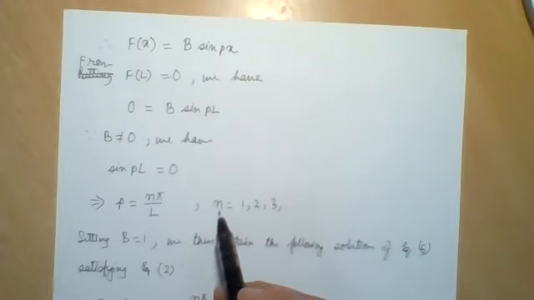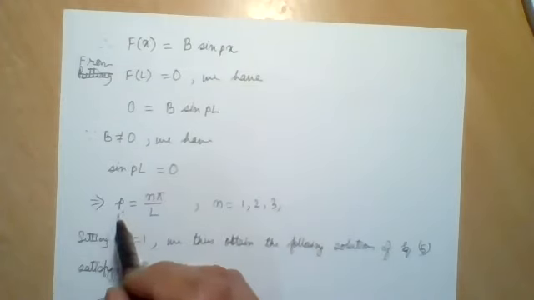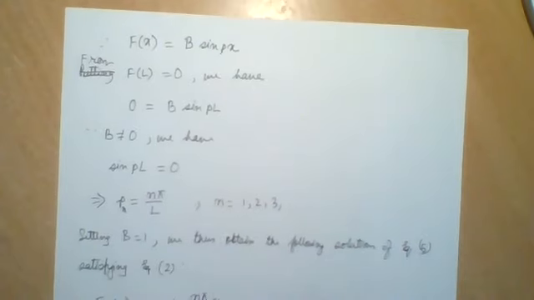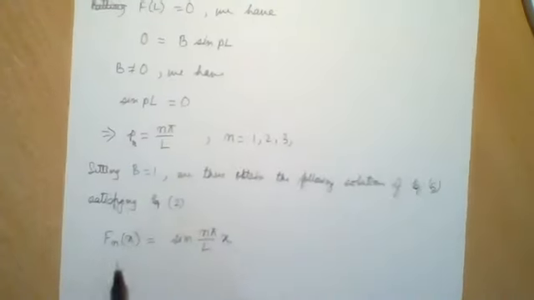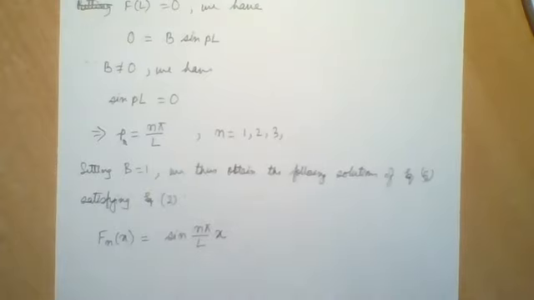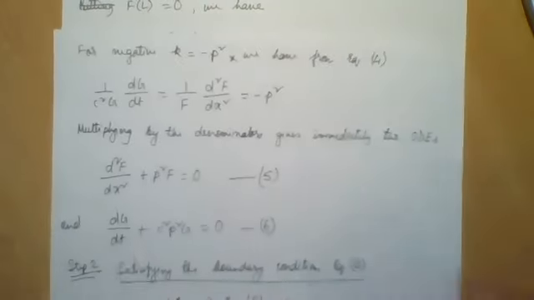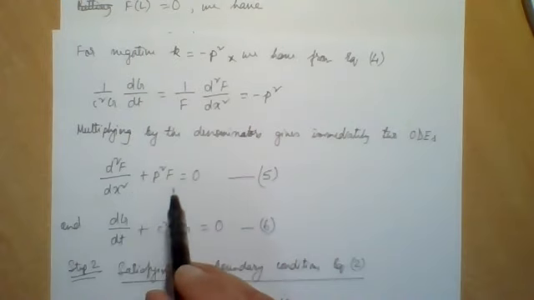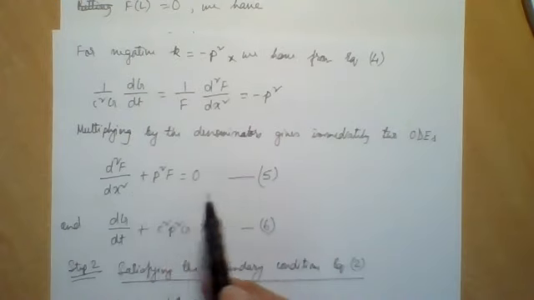For different values of n, I get different values of p, so I can add the subscript n here. For different values of n, I'll get different functions, and all these functions satisfy equation number 5. So equation number 5 has an infinite number of solutions for different values of n.